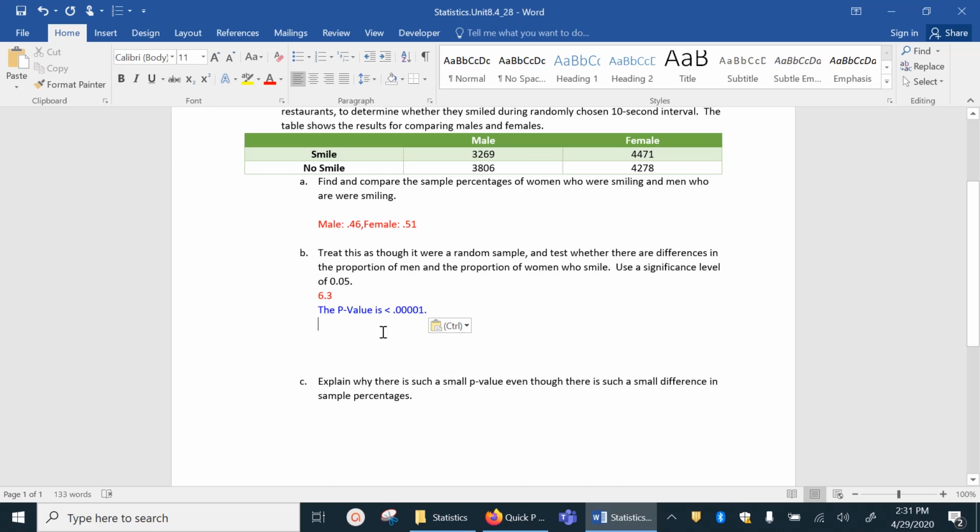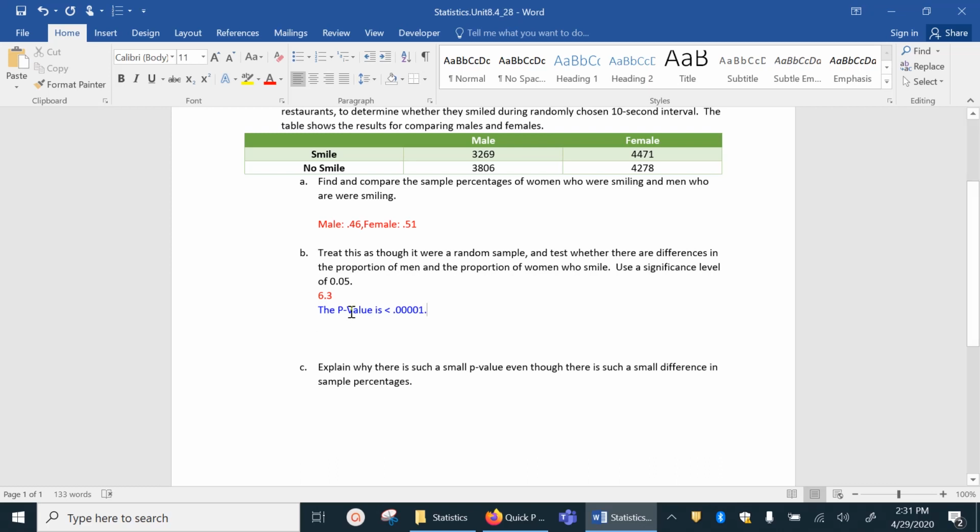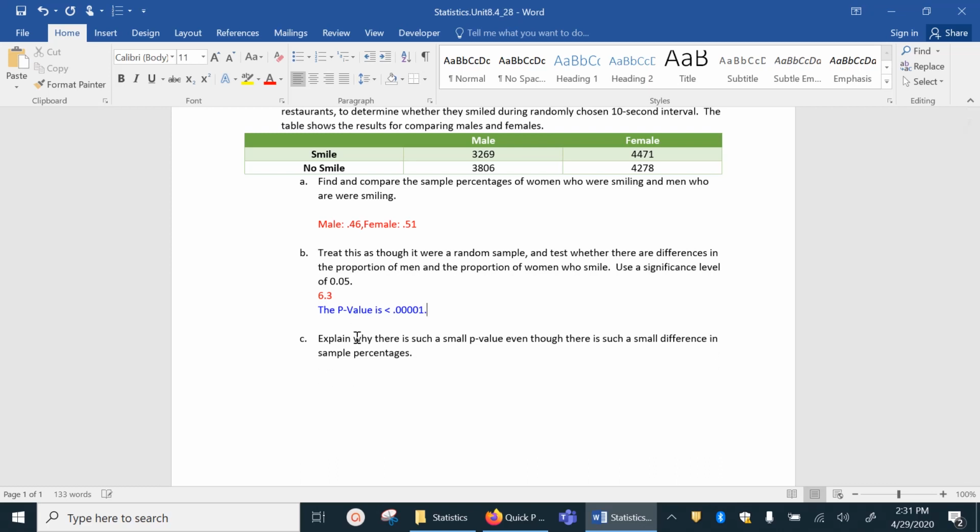Oh, sorry. Now, part C. A lot of you guys were able to do part A and B very easily, but part C is something you guys struggled with. Explain why there's such a small p-value, even though there's such a small difference in sample percentages. The reason is the sample size is so large. It's in the thousands, close to 10,000 for each gender.